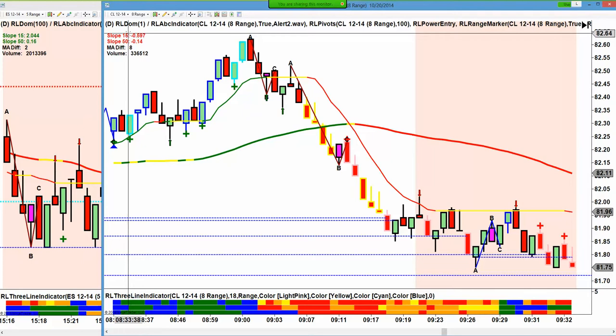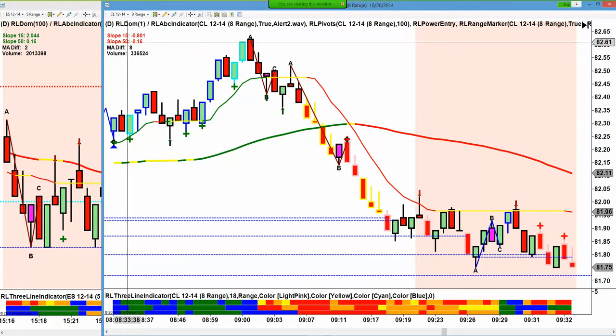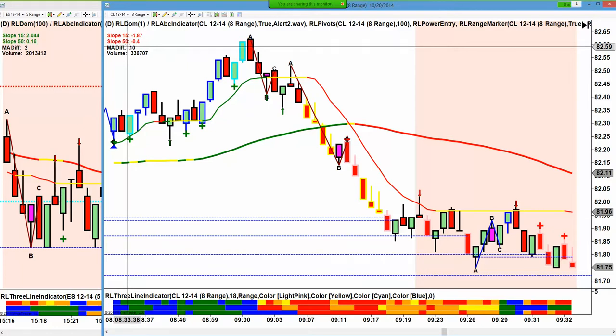Now you can see in the upper left-hand corner we have the slope of the 15, slope of the 50. Now you see this number called the MA diff. The MA diff is another parameter that we defined that helps us trade in terms of providing us with a predictive value in terms of an independent variable. If the stochastic is not a number that tells us when the market is overbought or oversold, then what is?